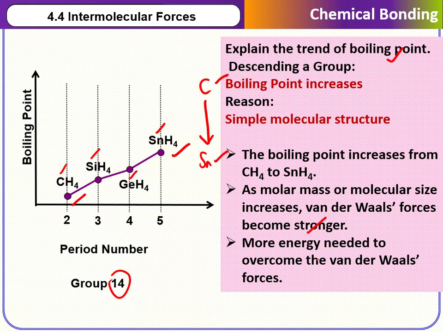More energy is needed to overcome the van der Waals forces. They are all simple molecular structures. So as the molar mass increases from carbon to silicon to germanium to stannum, the boiling point trend is also increasing with the increasing van der Waals forces.